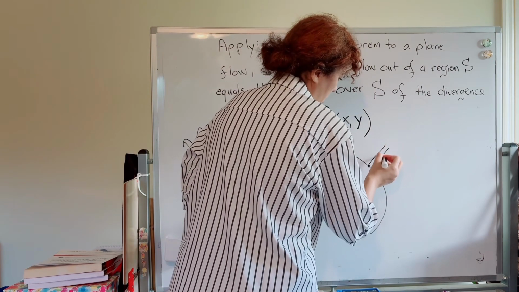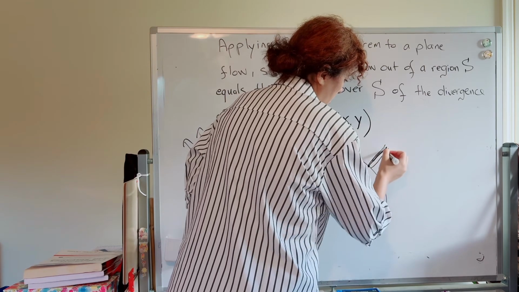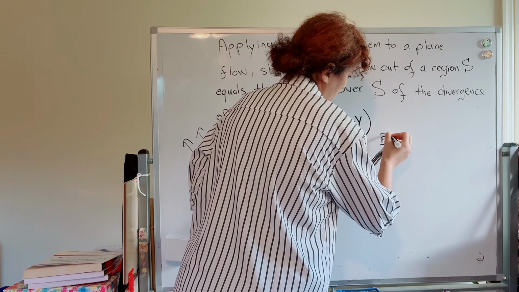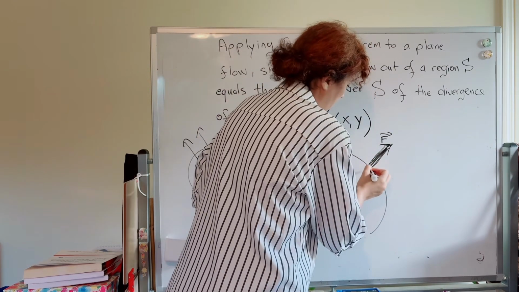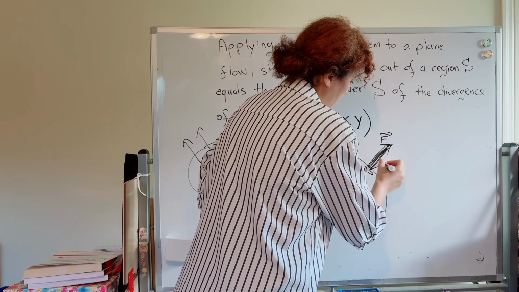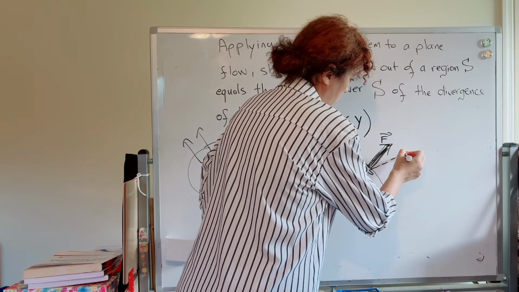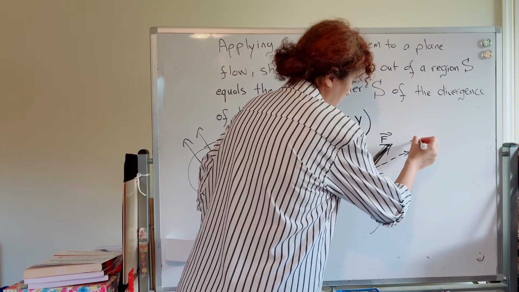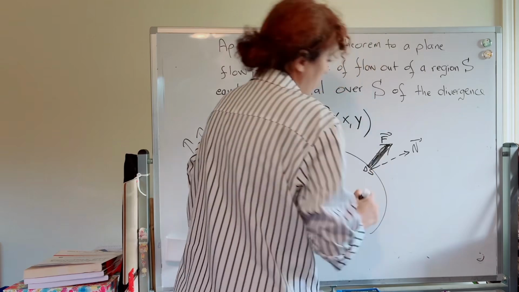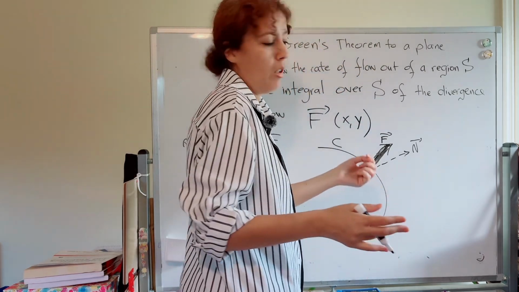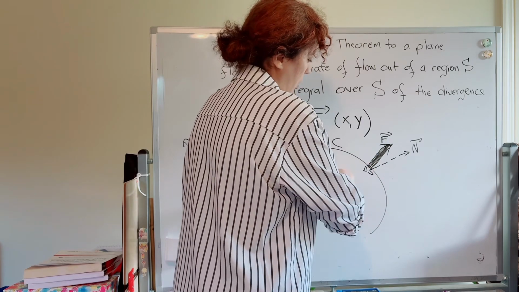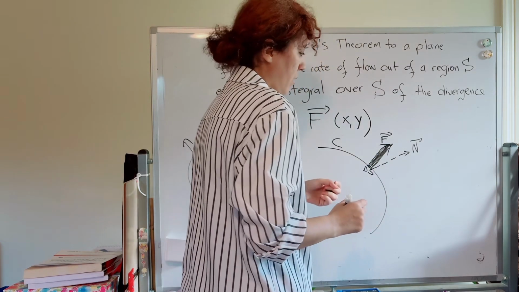This arrow is F, here is delta S, and this is the normal n on the surface. This arrow represents the amount of substance that flows out of the region S.